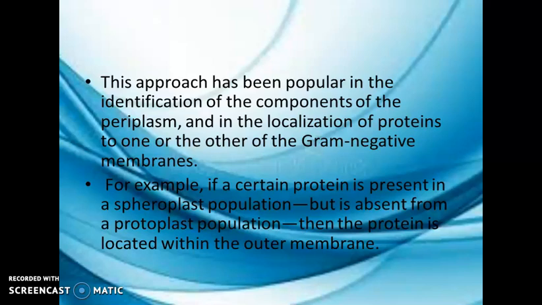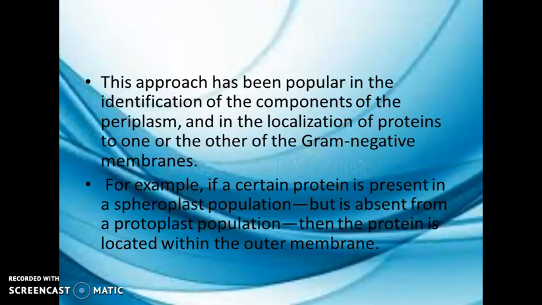of the gram-negative membranes. For example, if certain proteins are present in a sphaeroplast population, but absent from a protoplast population, then we can assume the protein is located in the outer membrane, because a protoplast doesn't have any outer membrane, as it is derived from gram-positive bacteria.